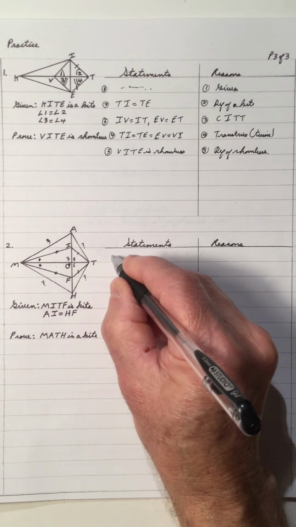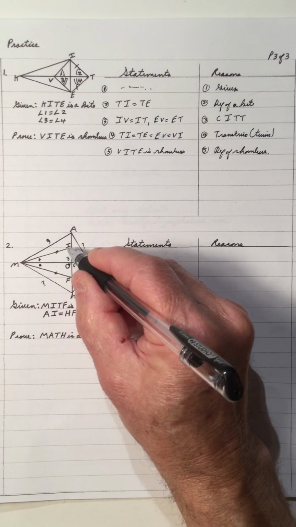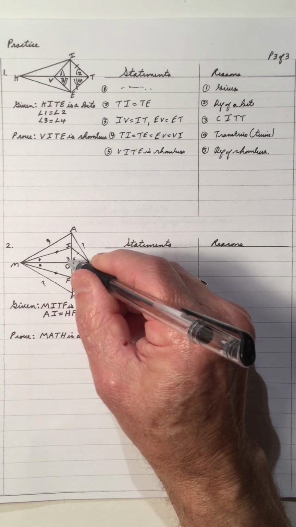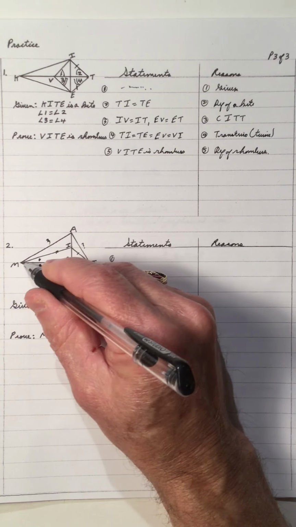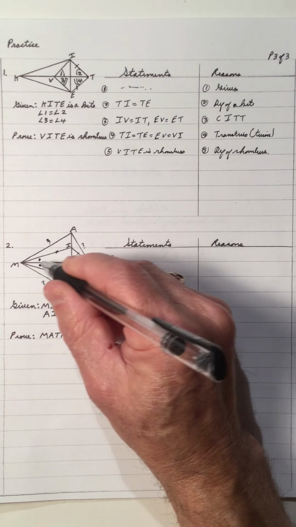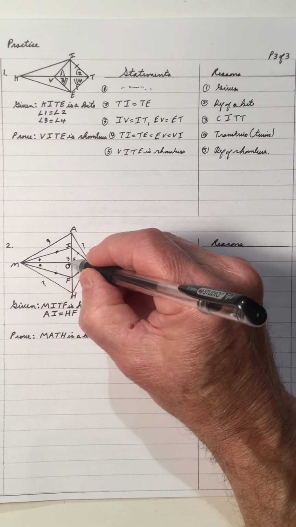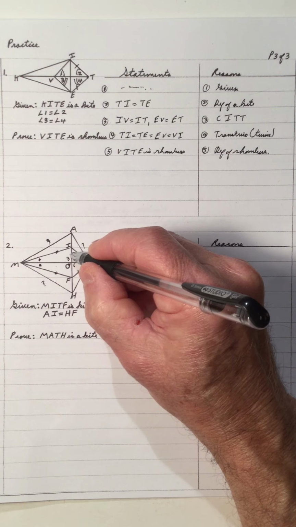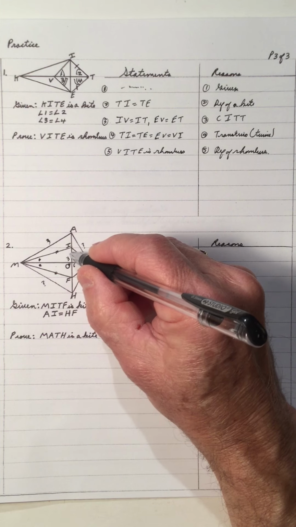So here we go. I'm going to say that 3 is equal to 4, and MO equals MO. And IO equals IF, because the long diagonal bisects the shorter one.